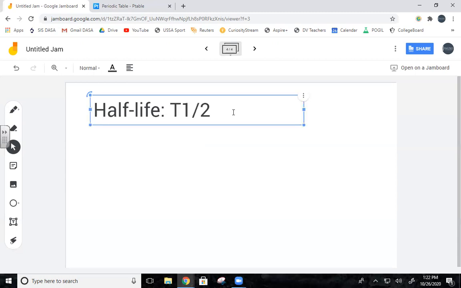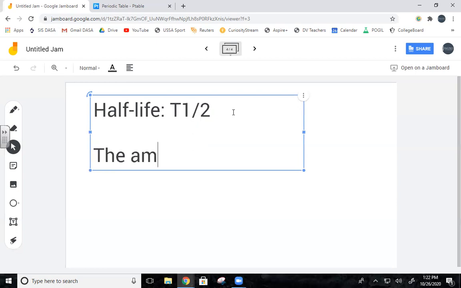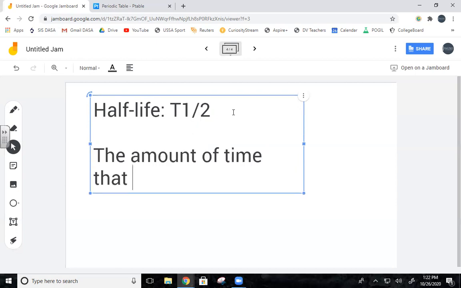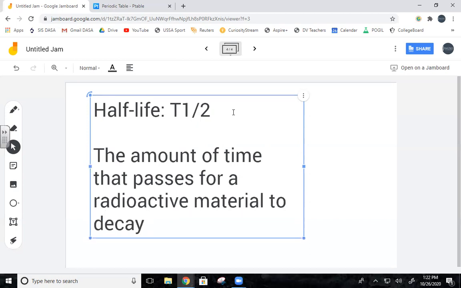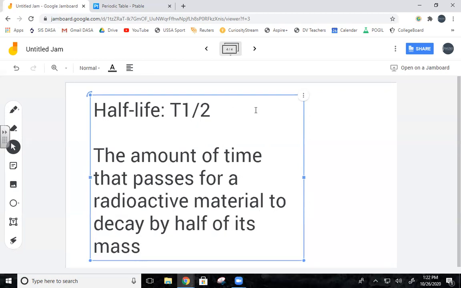Okay, the half-life is the amount of time that passes for a radioactive material to decay by half of its mass.